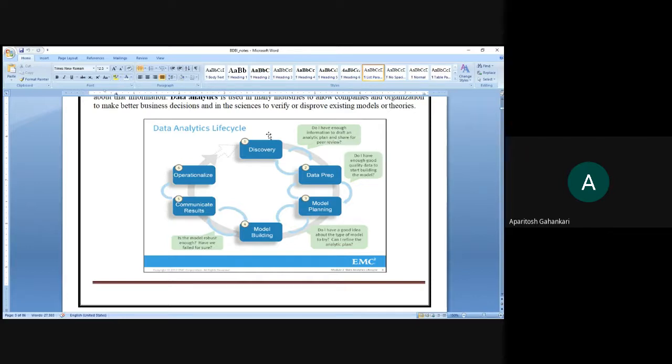Quality of the data means the data should be complete in itself. The data should not be ambiguous. For example, if at row number 1 I am saying that Ram is male, and at some point down the line I am saying that I don't know the gender of Ram, that kind of ambiguity should not be there.